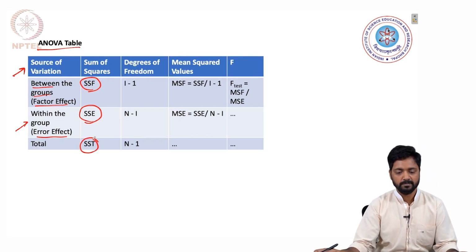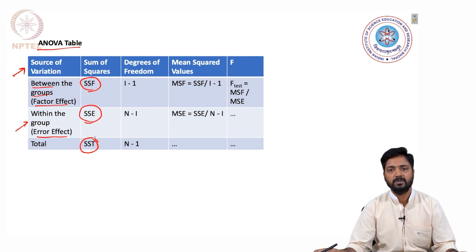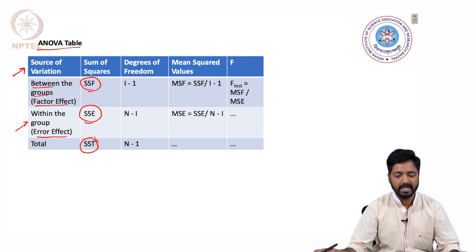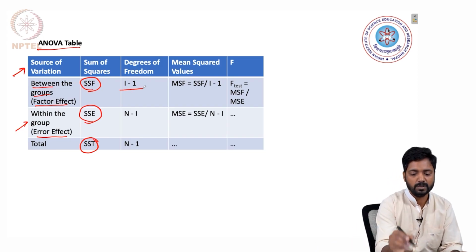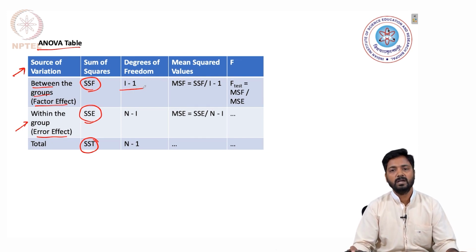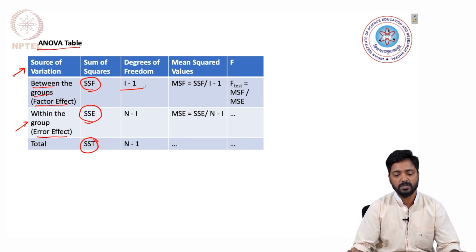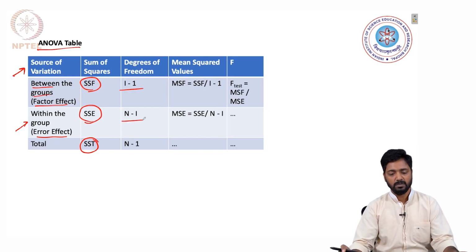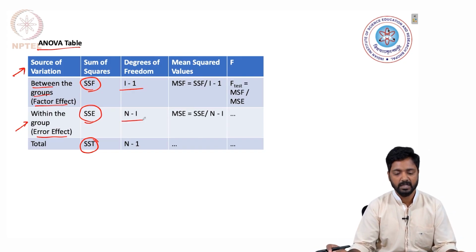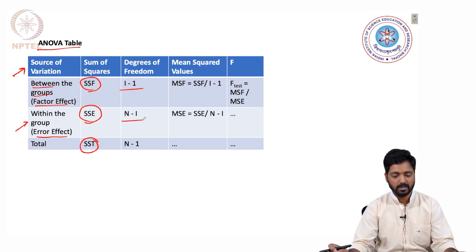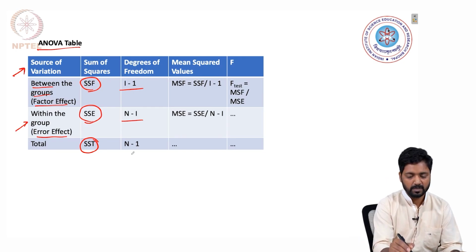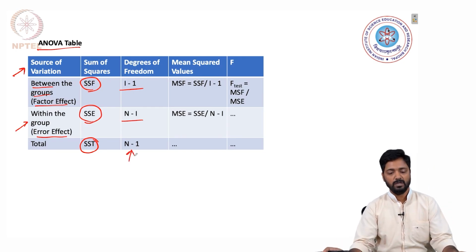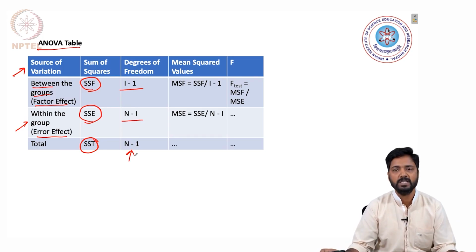And then obviously, when we add both of these, we get the sum of squares due to total. And as we discussed in the previous slide, for the sum of squares due to factors, the degrees of freedom is nothing but the number of samples minus 1. Similarly, for the sum of squares due to errors, it is the total number of measurements minus the total number of sample sets that we are dealing with, that is n minus I. And for the sum of squares due to total, this is simply n minus 1, where n is the total number of data points that we are dealing with.